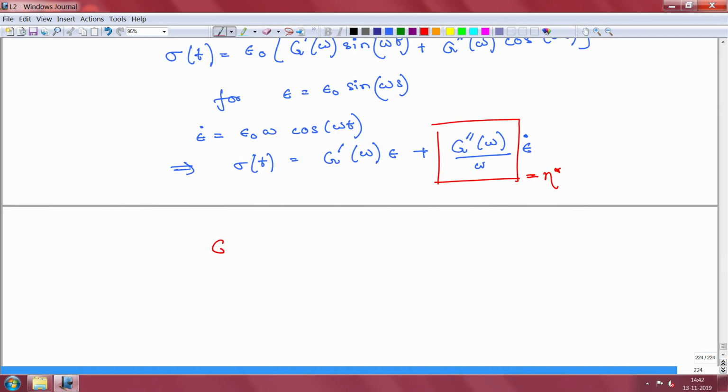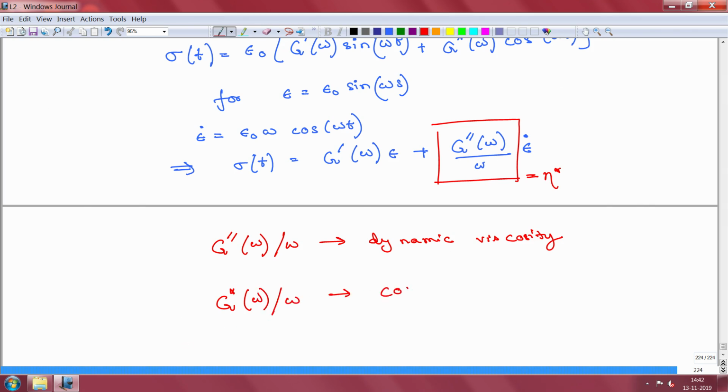So, this term is called the dynamic viscosity, and when you do not take it as G double dash, when you take the entire complex number, when you take it as G star omega by omega, this term is called the complex viscosity. Okay. So, we use this as a motivation.